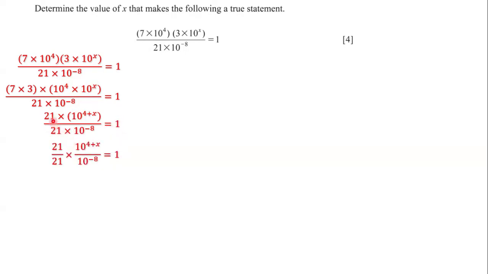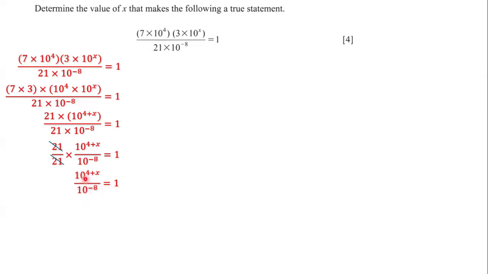Next, we have 21 divided by 21, which we have here, and we have that multiplied by 10 to the power of 4 plus x all over 10 to the power of negative 8. And so we cancel this 21 with this 21. And so we are just left with 10 to the power of 4 plus x all over 10 to the power of negative 8 is equal to 1.